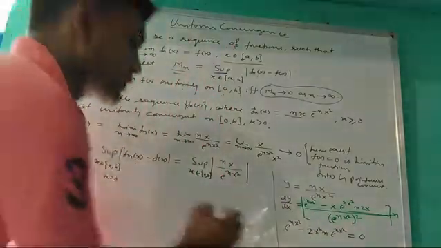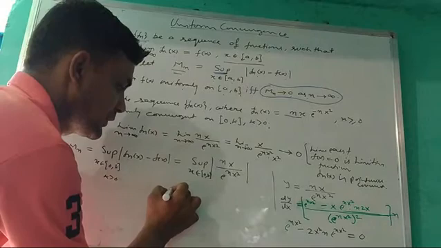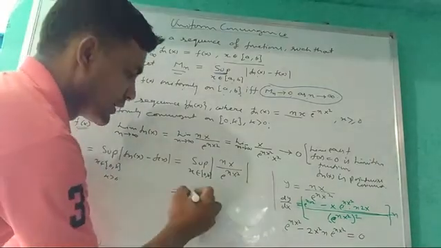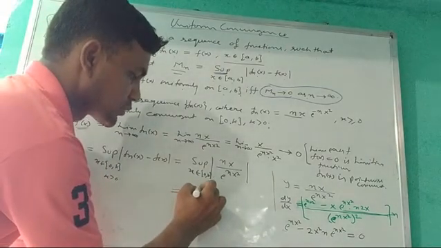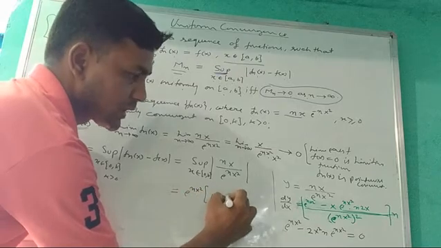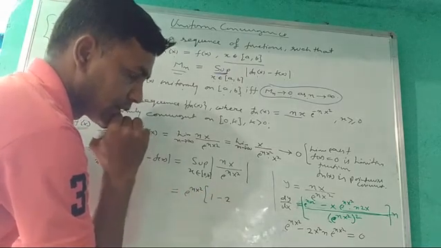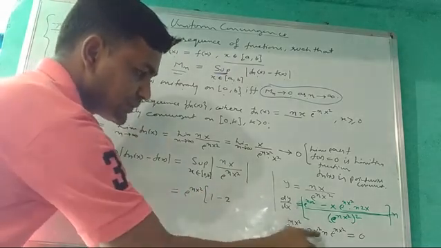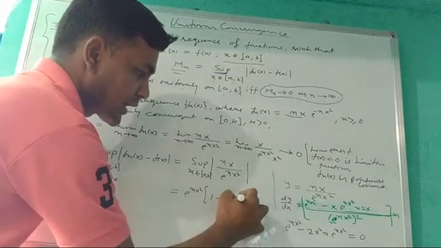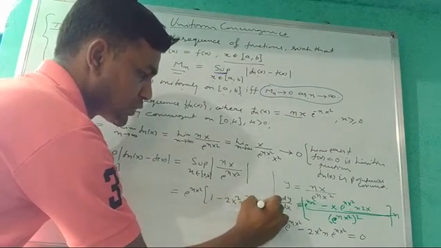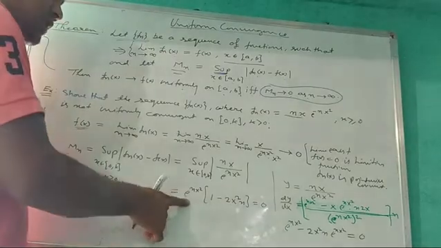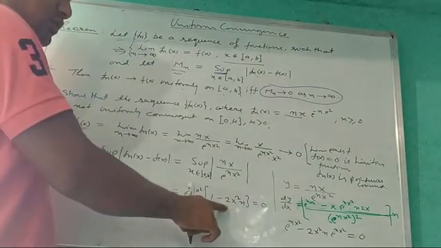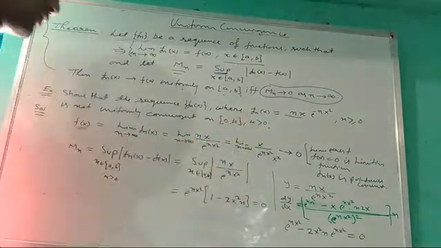Okay, now e to the power nx square is common. We have 1 minus 2x square n equal to 0. Now e to the power nx square is not equal to 0, so the other factor is equal to 0, because the multiplication of two functions equal to 0.